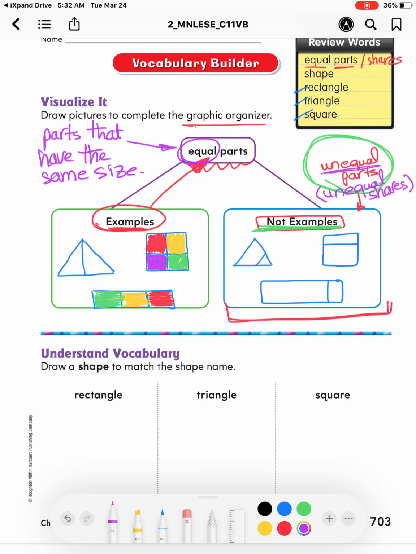And unequal parts are parts that have different sizes, not the same size.